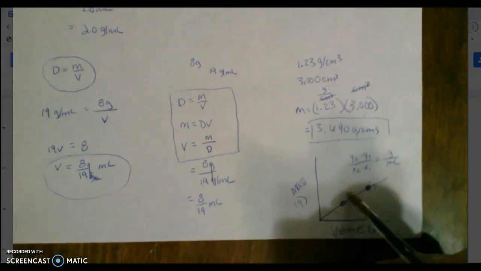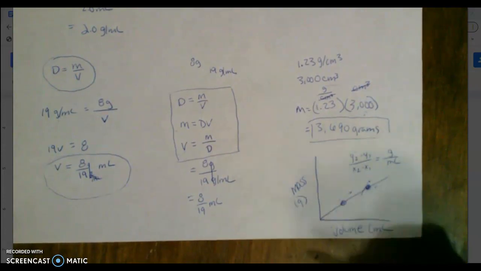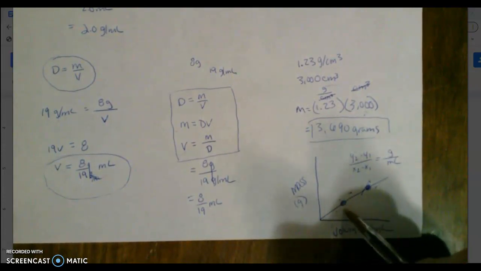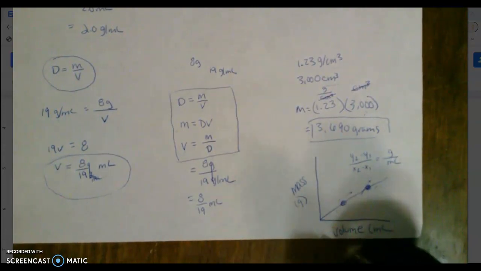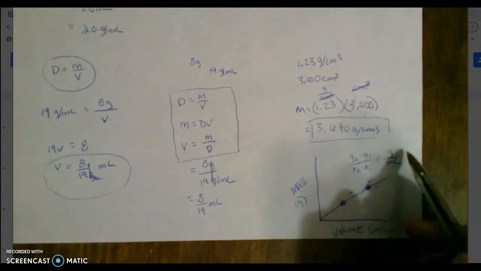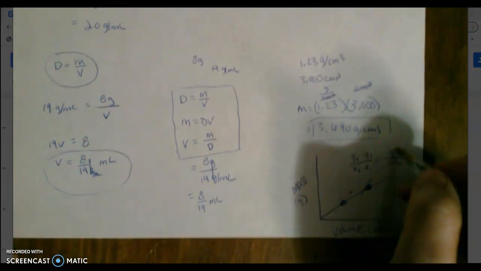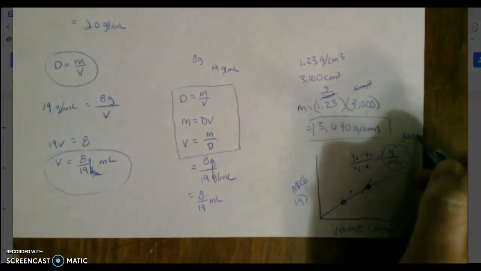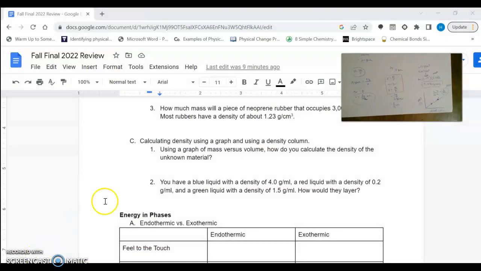And if I just picked two of these points, I would get the density, the slope between those points, and maybe I could get it between those points. But by having more points, we're going to get kind of a truer relationship as long as they are all fairly tightly related to the line. And when we calculate the slope, well, we're calculating this difference in grams per milliliter, and we know that this is density, right? So the graph is allowing us to calculate the average density for several measurements.